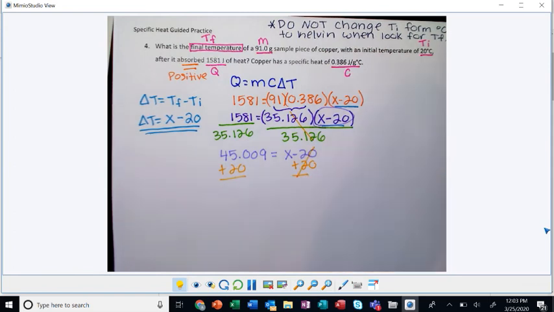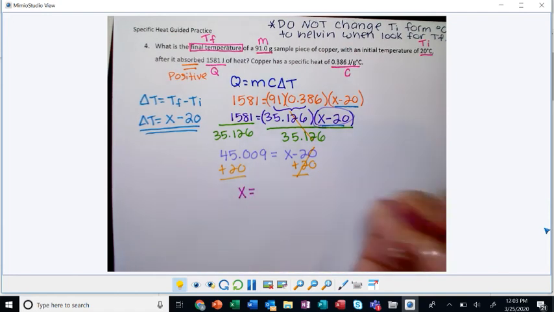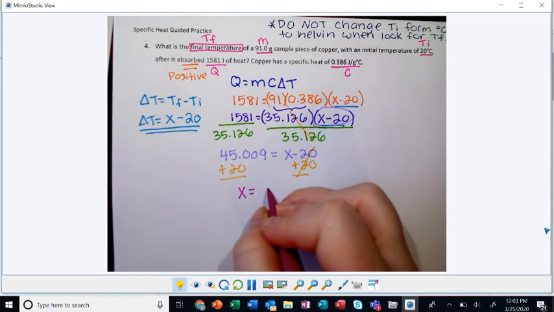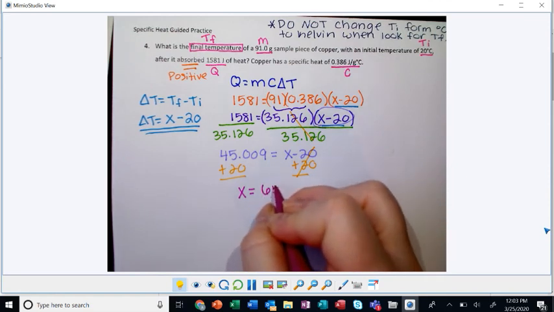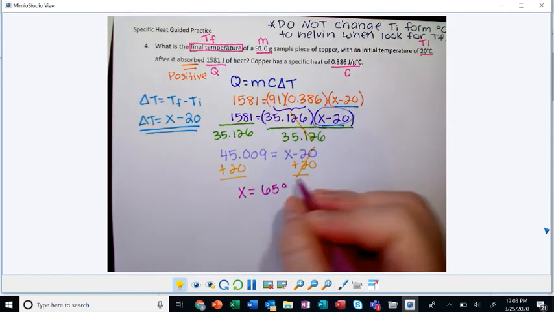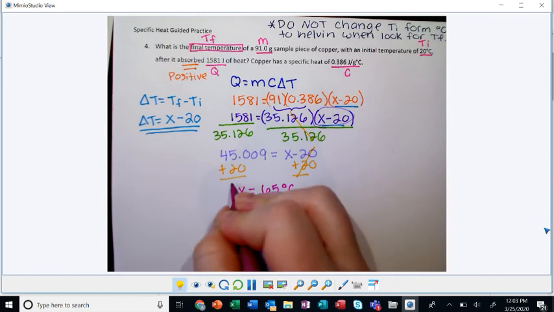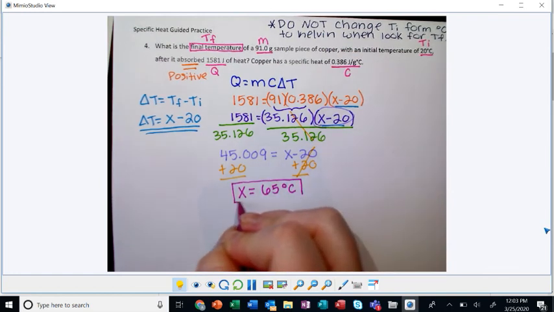These cancel out. And you get x equals, and if I round to two significant figures, 65, and it was my temperature, right? So it was degrees Celsius, because my initial temperature is Celsius. So I want to keep it Celsius this time, and only this time.